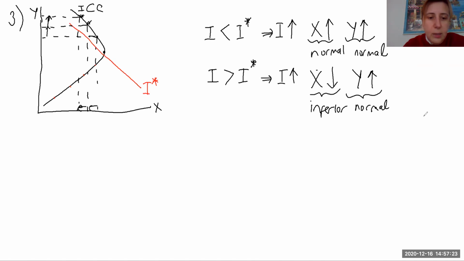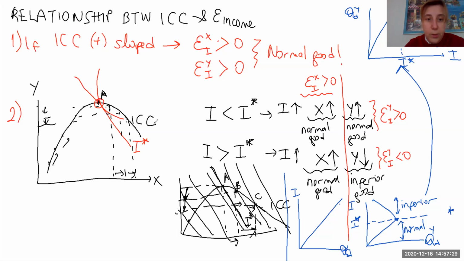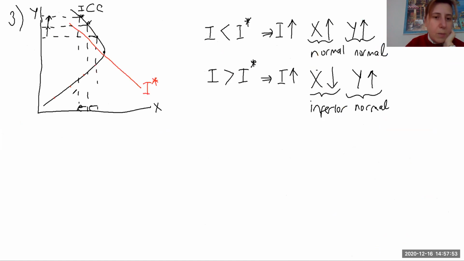In the second case, we said that if the income consumption curve is inverted U-shaped, then after a critical income level, I star, while income increases, quantity demanded of X increases, but Y starts to decrease after this level. So X is always a normal good, but Y is becoming an inferior good after this critical income level. So this is the reverse of this example.